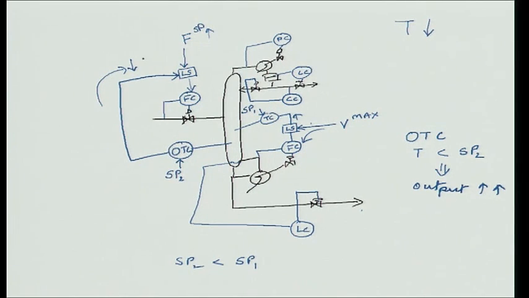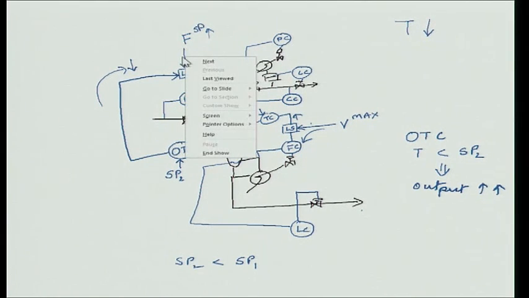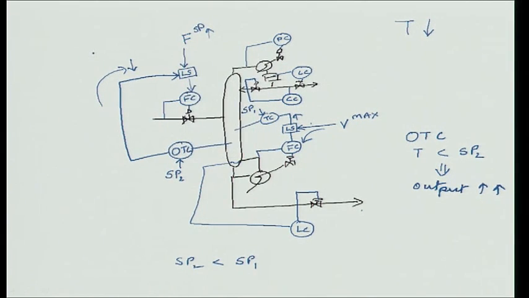As this starts to decrease, ultimately this signal will become lower than the input set point by the operator or by the upstream process. Okay. And then instead of that signal going through, it is this signal that will go through the low select. Okay. So, now my control structure has changed.